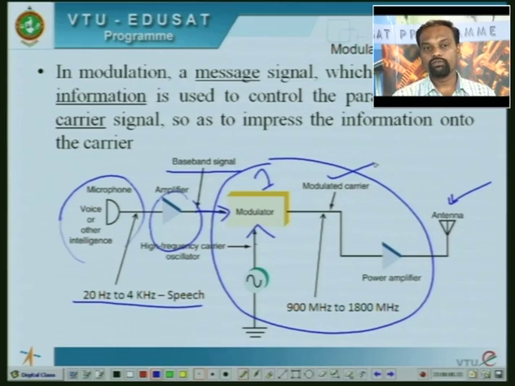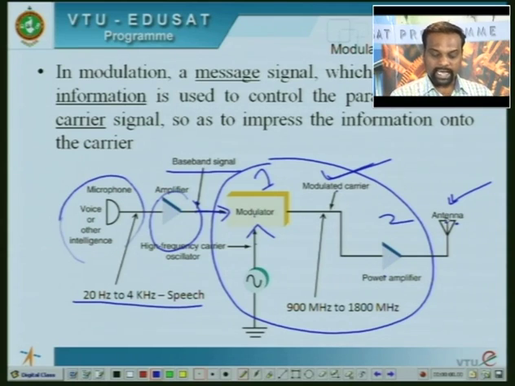So a baseband signal is modulated by a carrier signal, and you get a modulated carrier. This modulated carrier is taken through a power amplifier, and then it is fed into an antenna.